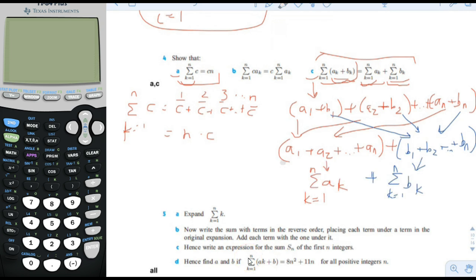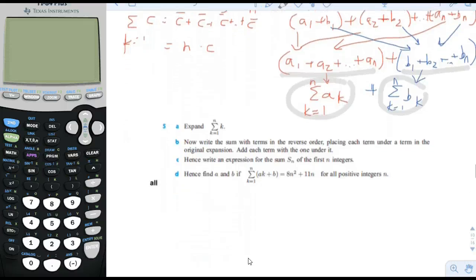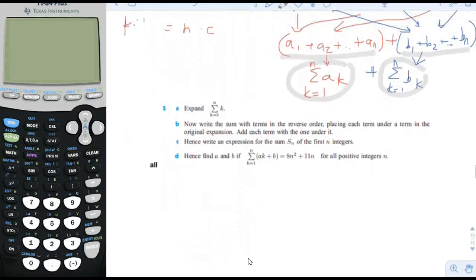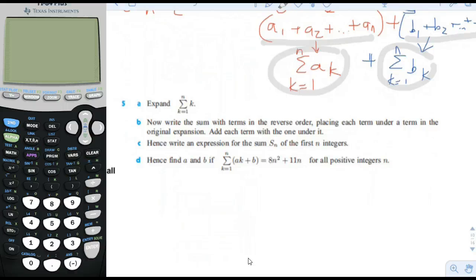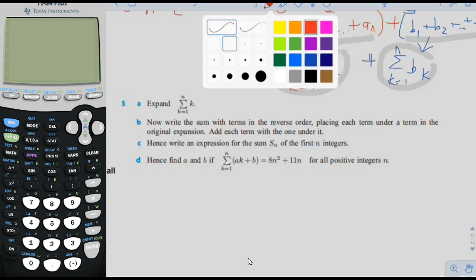Now we can see that since the two groups of terms are regrouped, a1 added up all the way to a n is going to be that, and then b1 added up all the way to b n is going to be that. And now we've just shown the relationship between those two, right? So we just use the commutative property of addition. You can reorder things how you want to get the new order, or the new grouping.